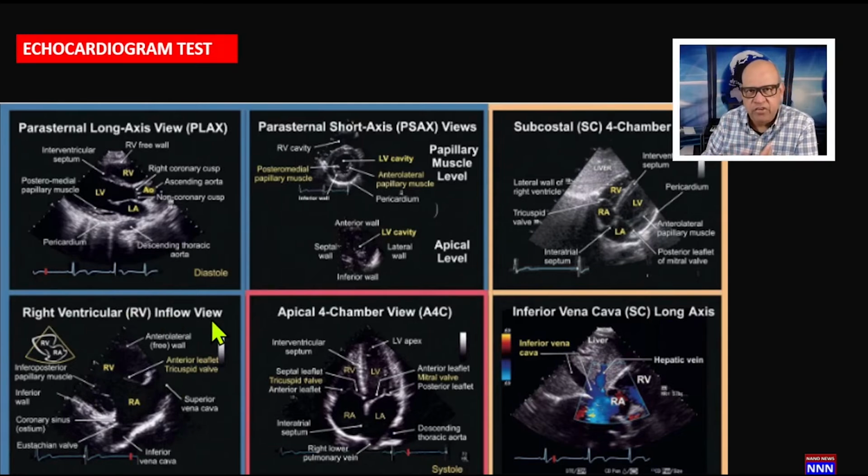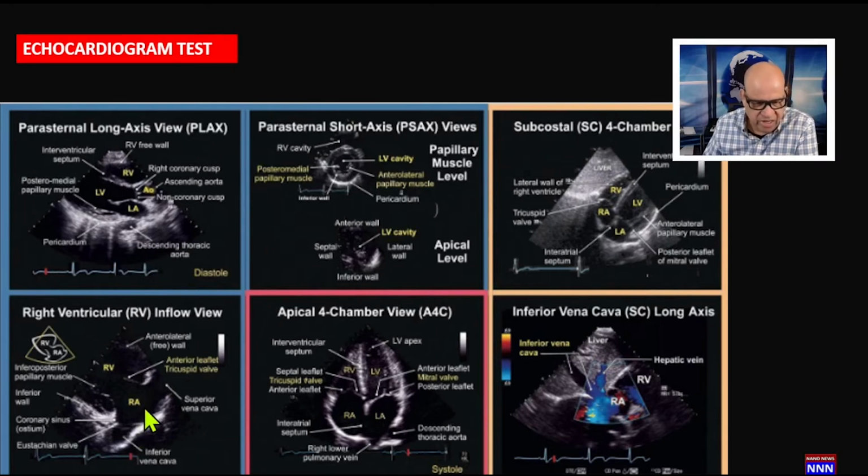Now if you come over here, right ventricular inflow view. When the transducer is in a parasternal long axis, it is focused towards the left ventricle and the right shoulder. And if we just turn it a little bit to the right side, we're going to see the right ventricular cavity, we're going to see the right atrium, and by angling a little bit posteriorly, we can see the superior vena cava and the inferior vena cava.